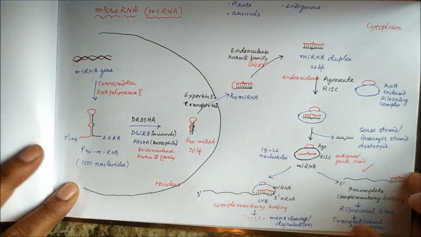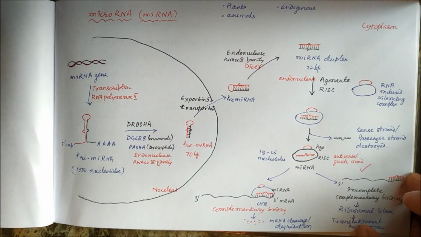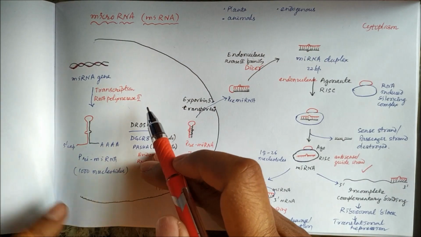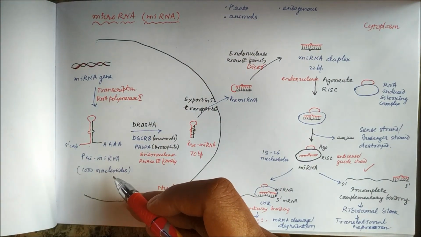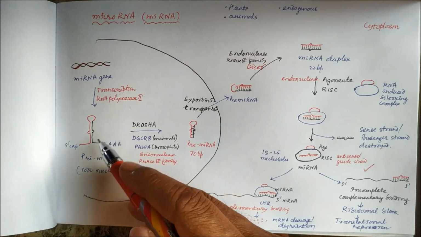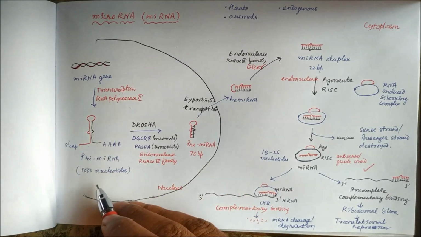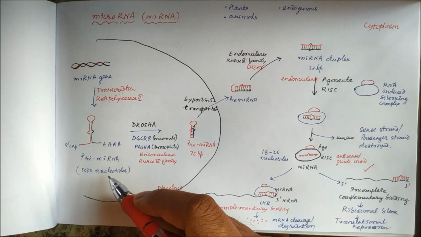by the enzyme RNA polymerase II. This microRNA gene will produce the primary microRNA, which has approximately 1000 nucleotides.